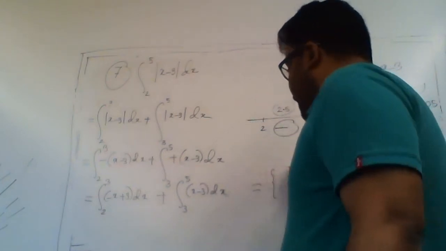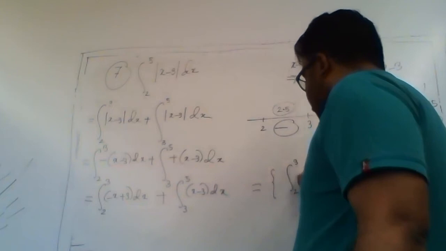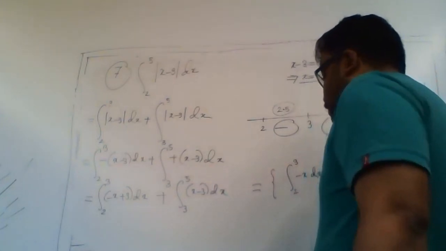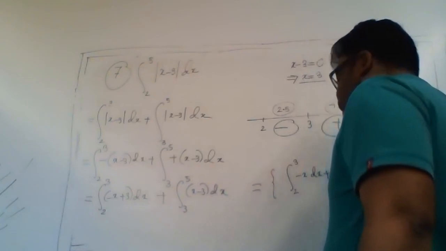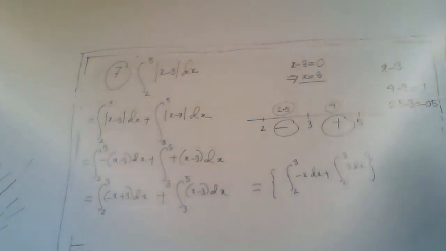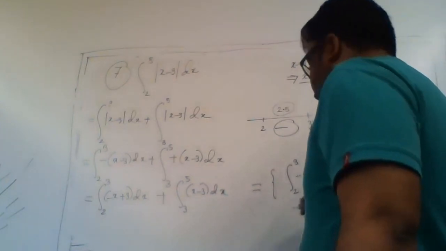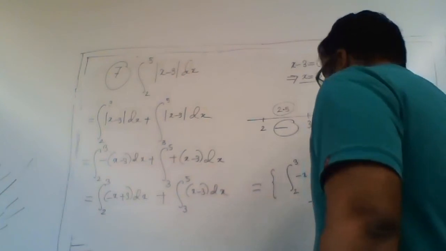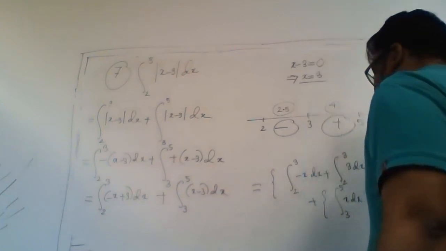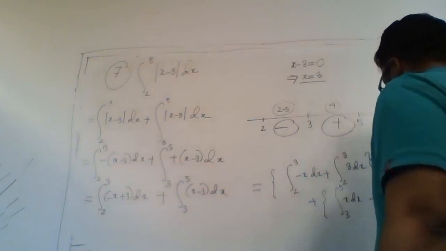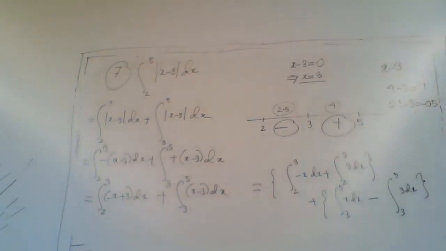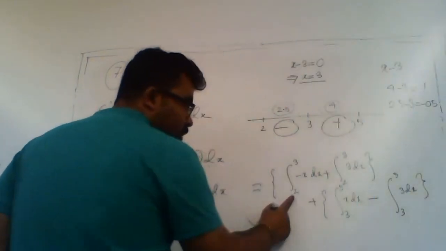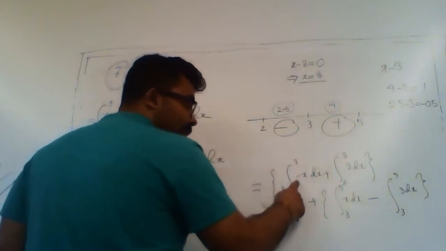You just break it into integral from 2 to 3 of minus x dx plus integral from 2 to 3 of 3 dx, plus integral from 3 to 5 of x dx minus integral from 3 to 5 of 3 dx. Now take the first term: you are finding the integral from 2 to 3 of minus x dx.